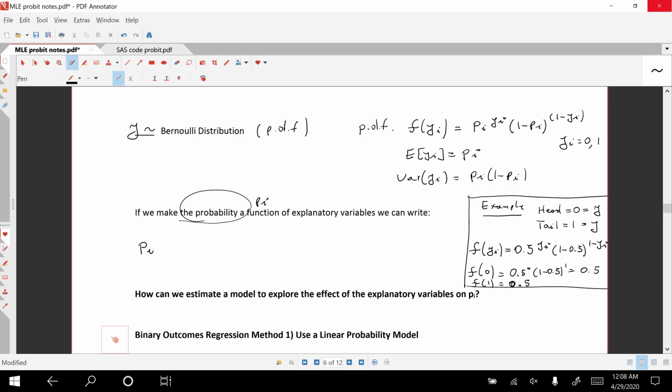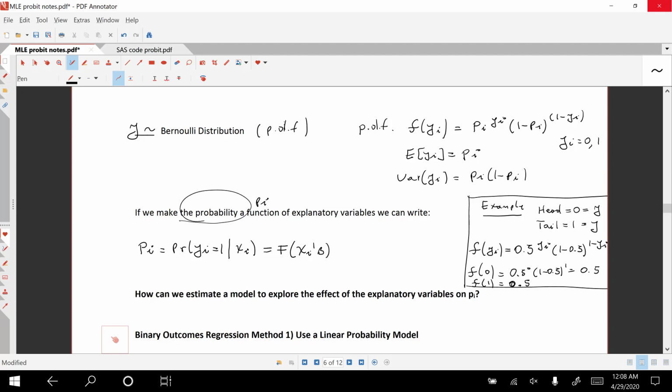So we can write pi, which is the probability that yi is equal to 1 conditional on xi, as a linear function of the coefficients.